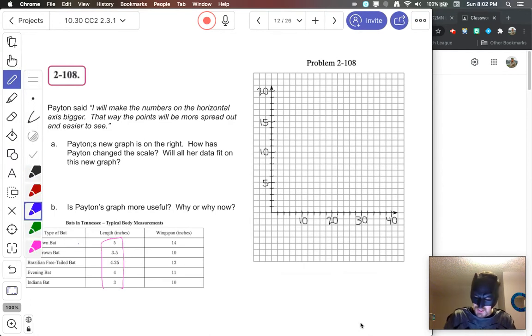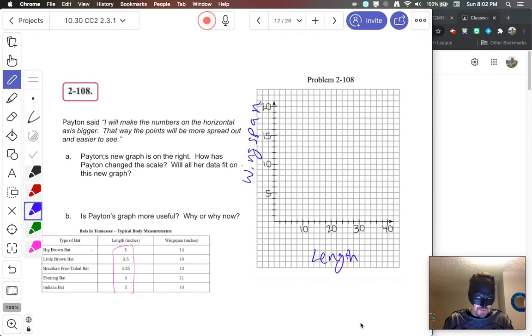And so we're still putting length down here and the wingspan back or on the left here, all right? And so we've got the big brown bat. The big brown bat is 5. Notice here we've got 1, 2, 3, 4, 5 jumps to get to 10.